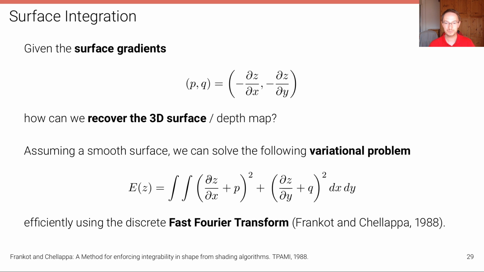And this variational problem can be solved very efficiently using the discrete fast Fourier transform. And more details about this are described in this paper here from Franco and Shelapa from 1988.